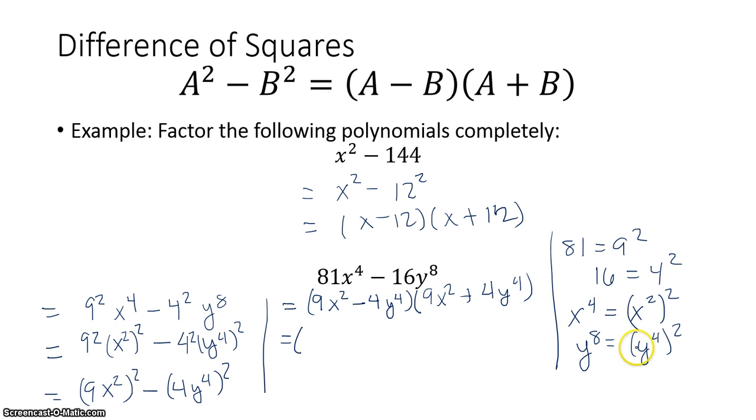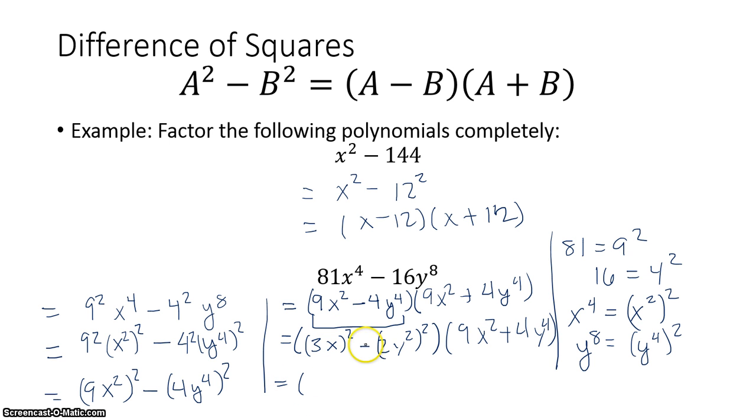Using the same kind of logic that we did with the original problem, I can rewrite this first factor as 3x quantity squared minus 2y squared quantity squared times 9x squared plus 4y to the fourth. Now this term or this factor is irreducible or prime.